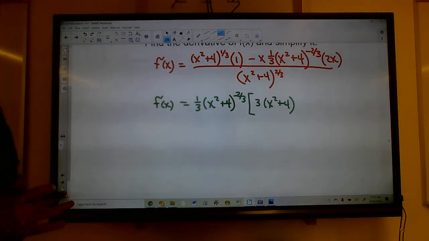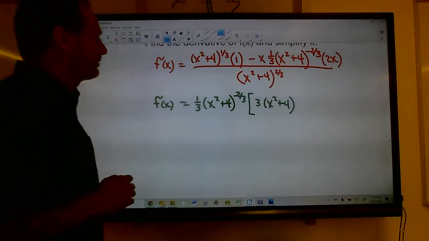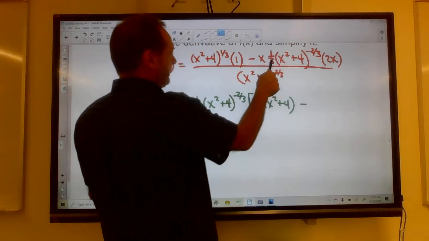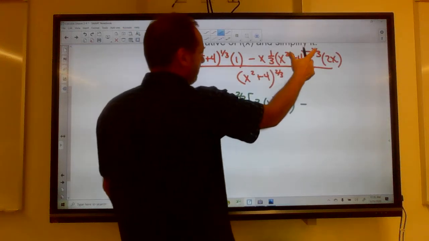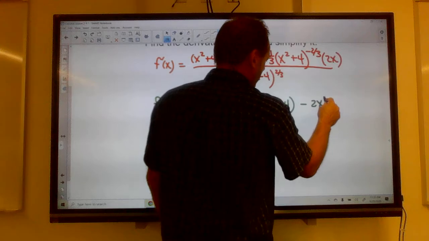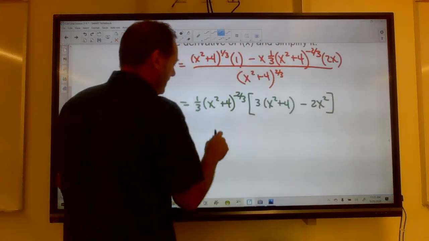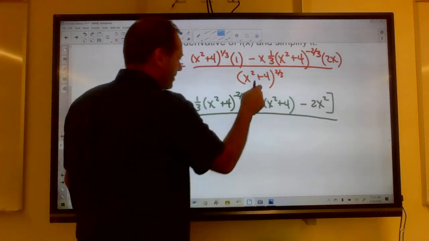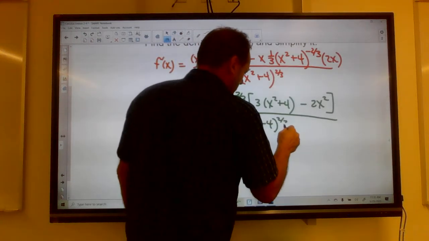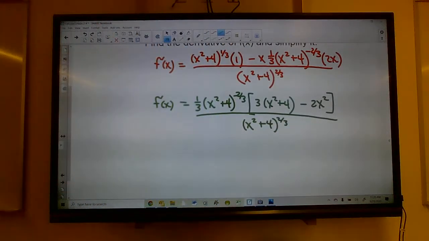Now, if you can wrap your head around that part of it, the rest of this is pretty easy. Because over here, when I factor out the 1/3, this just goes away, and I factor out this, it just goes away. It leaves me with x times 2x, which is 2x squared over here. And then the bottom of this thing is just the bottom, x squared plus 4 to the 2/3 power.